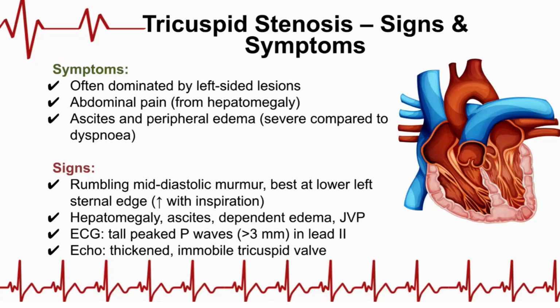But a telltale sign of systemic venous congestion is ascites, and another one is peripheral edema. These patients aren't really short of breath. They can be, but the main things are this kind of abdominal discomfort. You'll see peripheral edema, sometimes pitting edema in the legs. So these are the things that these patients generally tend to come with.